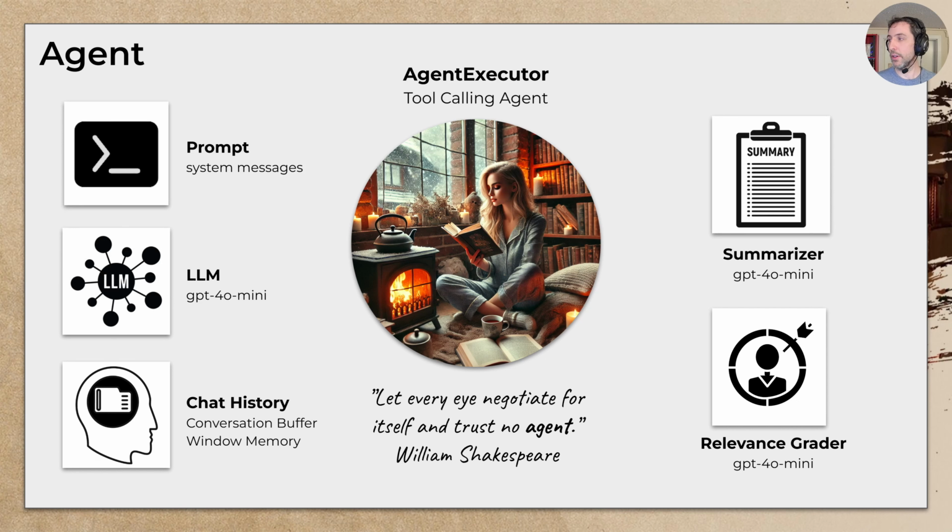Using a summarizer is a great way to summarize the content and only keep information related to the user query. I'm also using a relevance grader, also based on GPT-4o Mini at the moment, that is grading the answer the LLM is about to return. It's making sure that the answer is answering the question, and if the grade doesn't pass, then it's not sending the answer, and instead it's answering that it doesn't know.